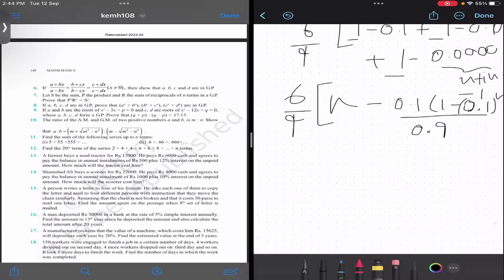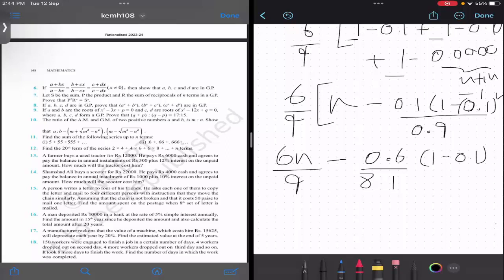Multiplying 6 by 9 into the brackets, you would have 6n upon 9 minus 0.6 upon 0.9, 1 minus 0.1 raised to power n, and this is going to be the sum for n terms, right?